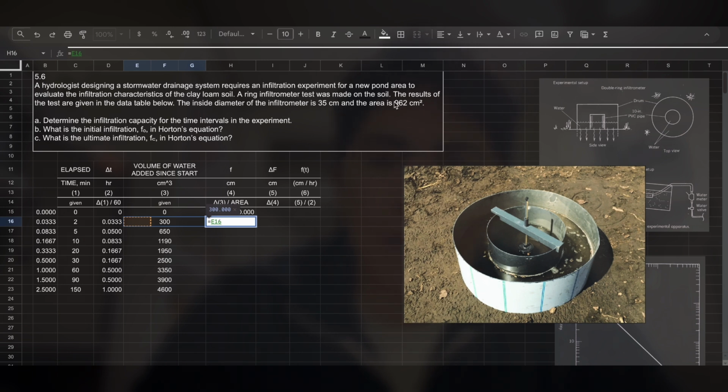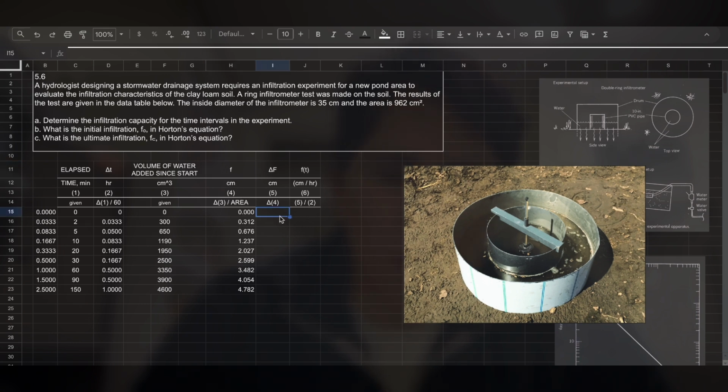The diameter is 35 centimeters, which ends up being 962 square centimeters of area. So I divided by 962, and it gives us the depth of that water inside the ring. Now the units of this depth or accumulation of water are in centimeters.